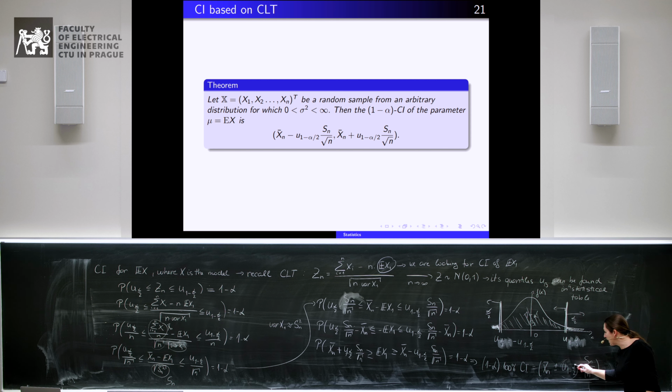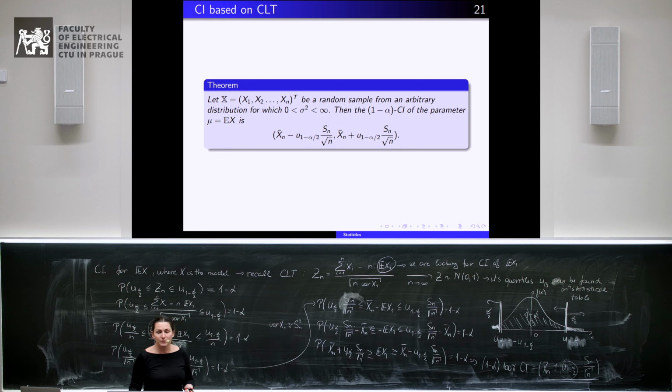And this quantile only corrects the probability for being inside the interval. So this quantile only says how large the tail is. Yeah? And this is the way how to find the general confidence interval for the expected value.